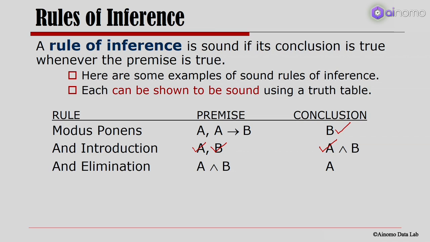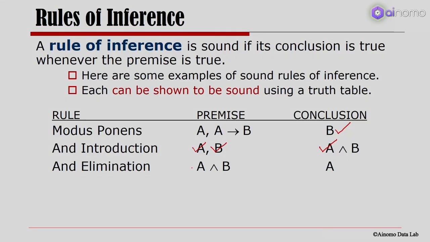If we have the conjunction A and B, then we know that this statement is true if both of them are true. Therefore, we could write A, or equivalently we could write B. So AND elimination is A and B leading to the conclusion A.